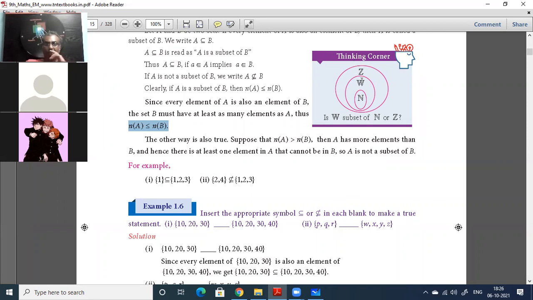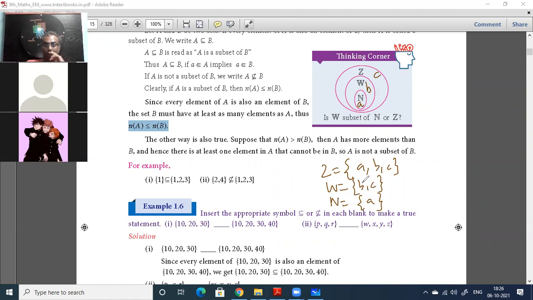Now, look at this thinking corner. Is W a subset of N or Z? Of both, actually. No, let me draw it like this. Z is equal to {A, B, C}, W is equal to {A, B}, and N is equal to {A}.